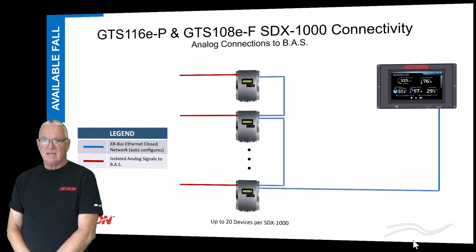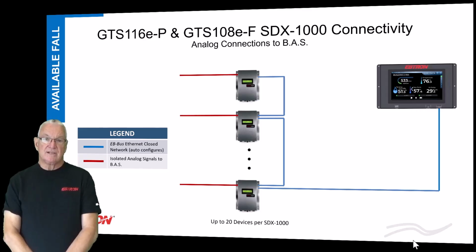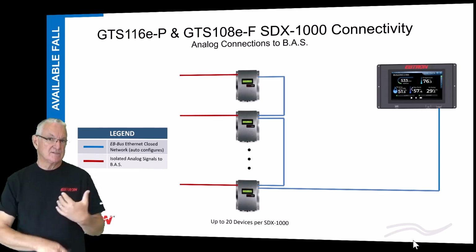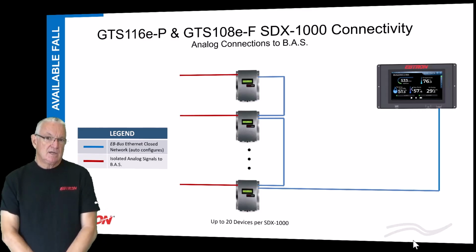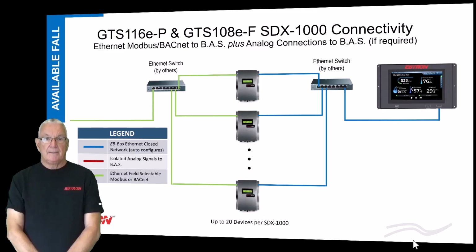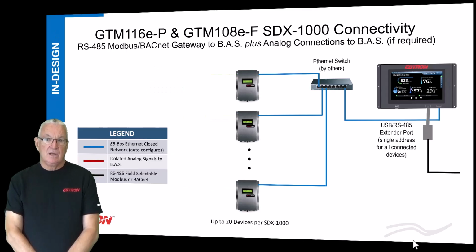I told you we have the dual Ethernet card. It's designed for daisy chaining these back to the display just to facilitate wiring, eliminate the switch. Our products are all industrial, so there are basically industrial Ethernet switches on each one. You might have an Ethernet connection to your building automation system.